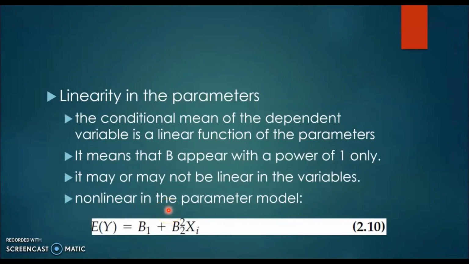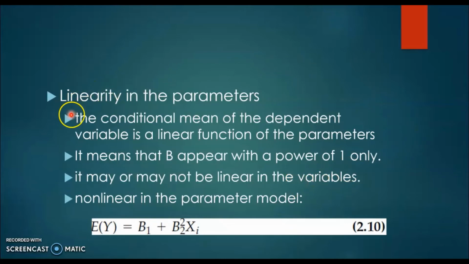Another interpretation of linearity is linearity in the parameters, or the beta values. It refers to the scenario where the conditional mean of the dependent variable is a linear function of the parameters. So it means that the beta appears with a power of 1 only. It may or may not be linear in the variables.